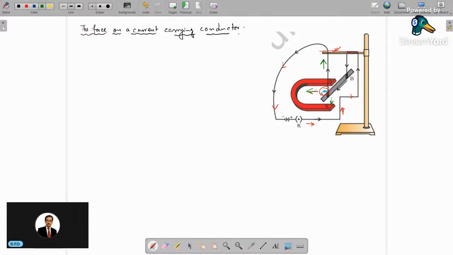Now, depending on this, theory can be evolved from this explanation, where we can relate the same theory with the motor principle, which we will discuss in the next class.